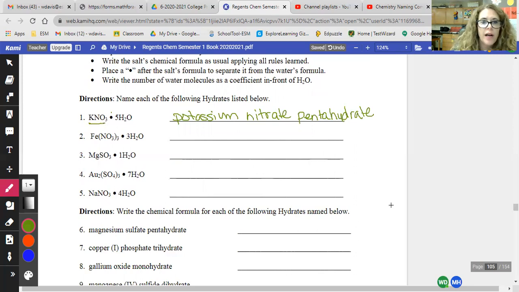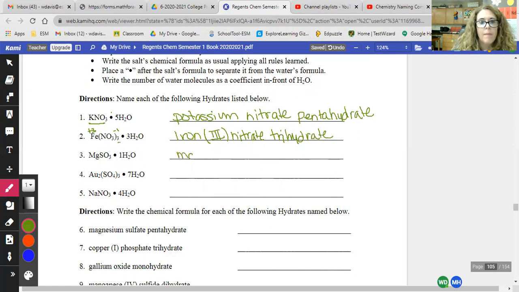And so now here I have iron, and I know iron's in a transition metal neighborhood, so it needs a Roman numeral. I'm probably going to just use this as my Roman numeral, reverse crisscross, Roman numeral 3, nitrate. And it also does work out because the nitrate is a -1, and then that means that's a +3, Roman numeral 3. And now I have 3, so then that would be trihydrate.